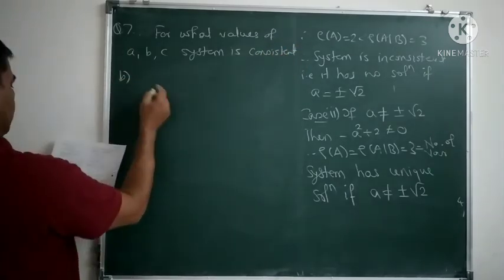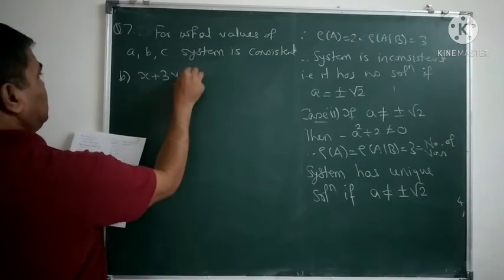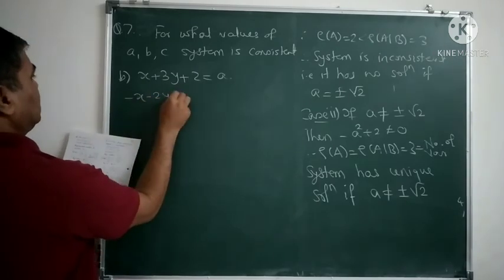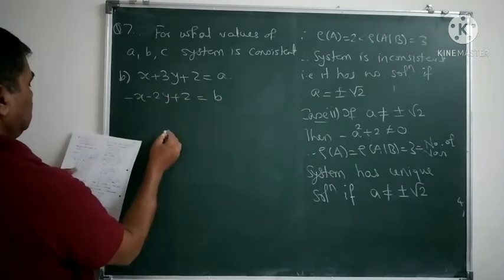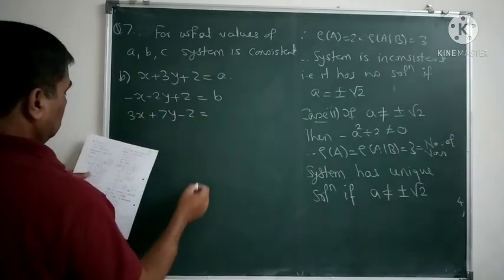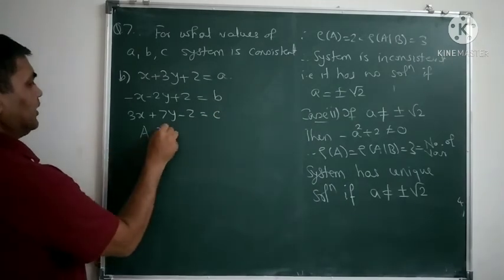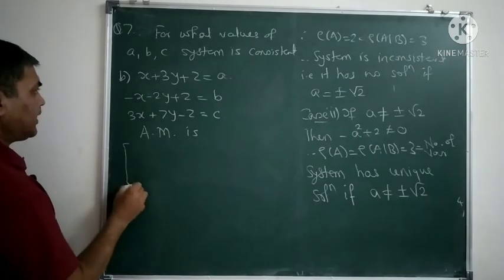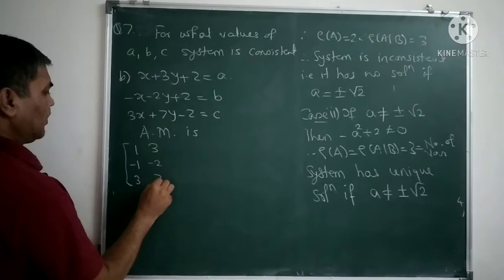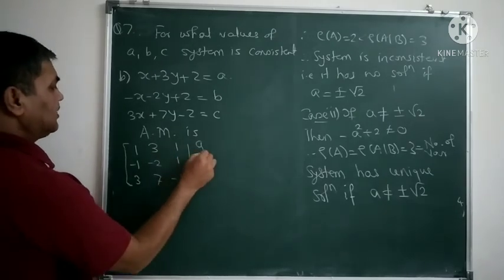Okay, in that, x plus 3y plus z is A, minus x minus 2y plus z is equal to B, 3x plus 7y minus z is equal to C. The augmented matrix is: coefficients of x: 1, minus 1, 3; of y: 3, minus 2, 7; of z: 1, 1, minus 1; and constants A, B, C.